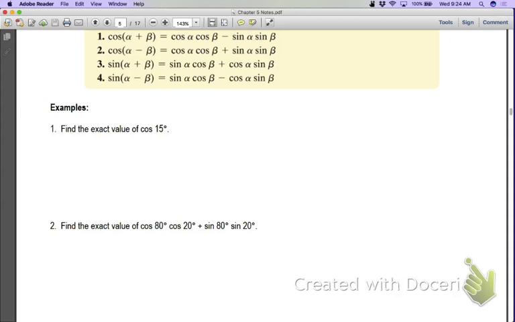The second one, because I have cosine and cosine, sine and sine, and it's addition, so it's going to fit right here. So all I'm going to do is take cosine of 80 degrees minus 20 degrees. Well, what is 80 minus 20? 60. So cosine of 60 degrees.